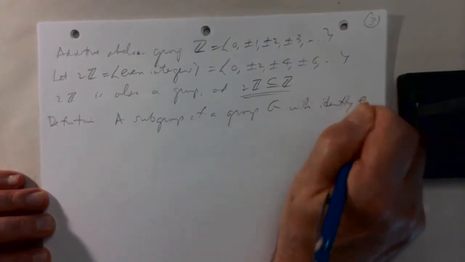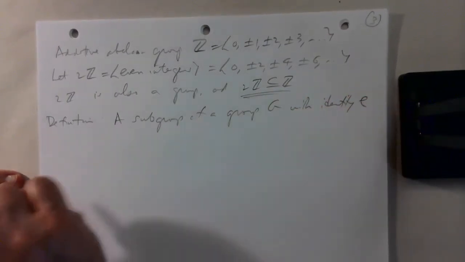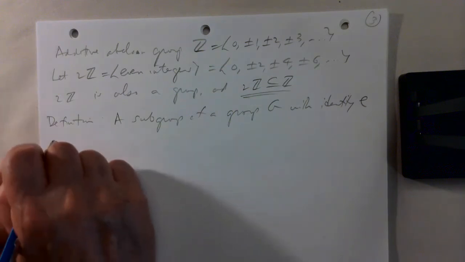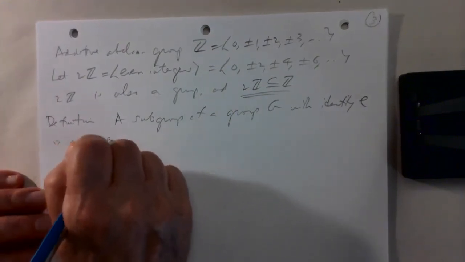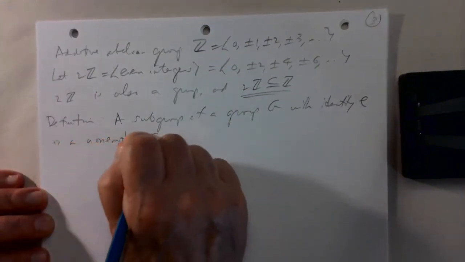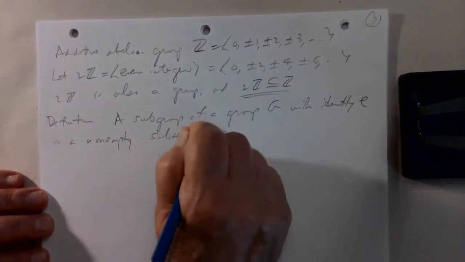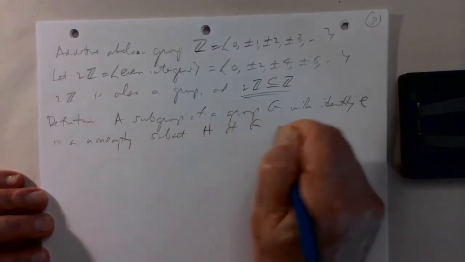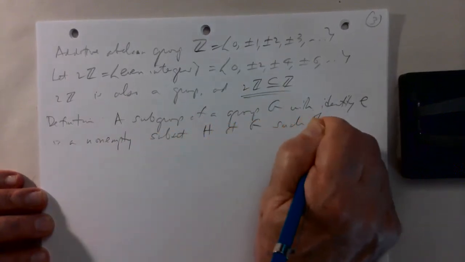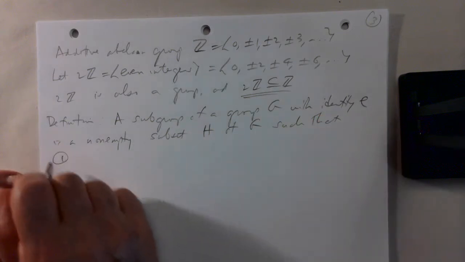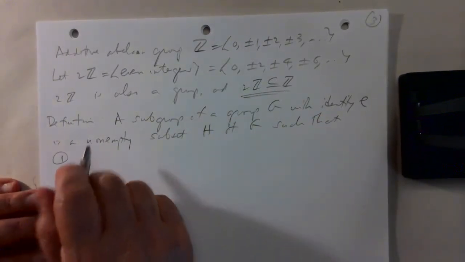Let's say the identity element in the group is E. A subgroup of a group G with identity E is a non-empty subset H of G such that the following three properties hold.